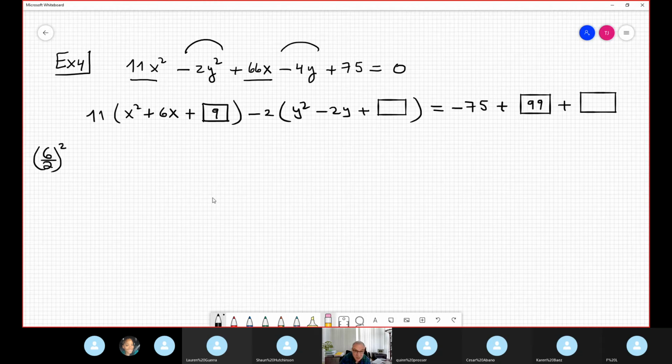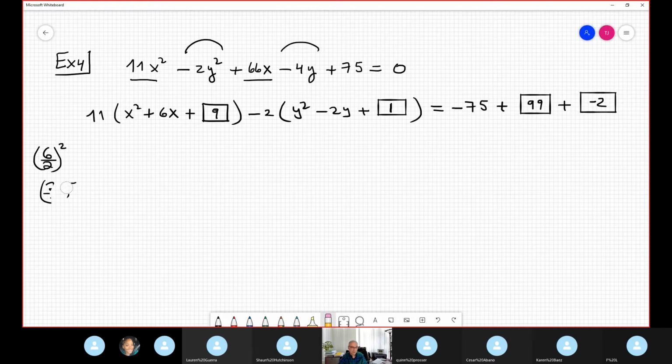Likewise, the magic number in the second box is 2 over 2. I don't care about the negative signs, not important. You take this actual value as 1, squared is 1. The number here is 2 times negative 1 times negative 2 is negative 2. Bang! Yeah, I complete the square like that.